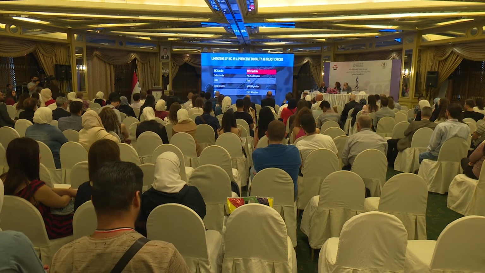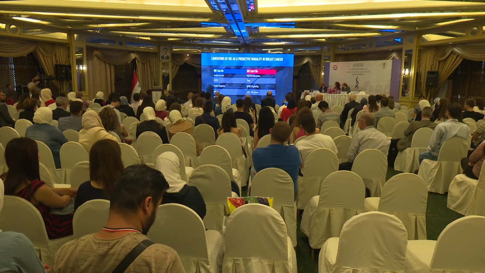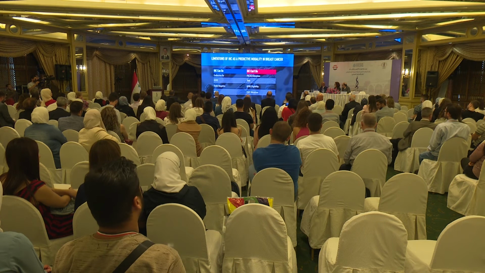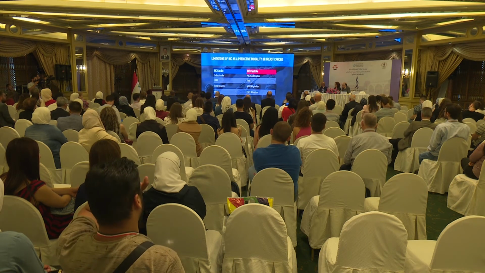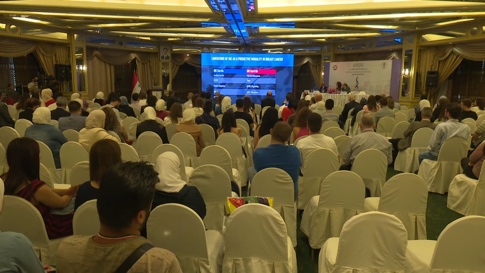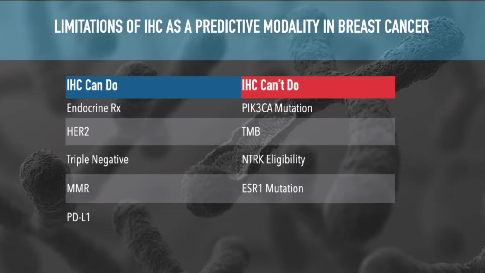We use it all the time to screen the patients. But in terms of the specific translocation, it has to be determined either by FISH testing or by molecular testing. Also, immunohistochemistry cannot determine ESR1 mutation status. ESR1, as I said, is the estrogen receptor gene.